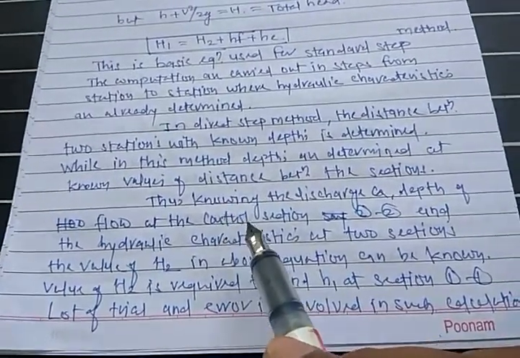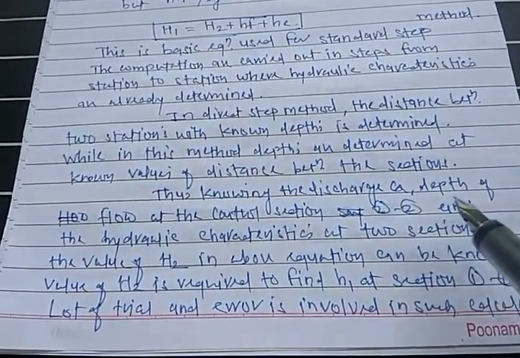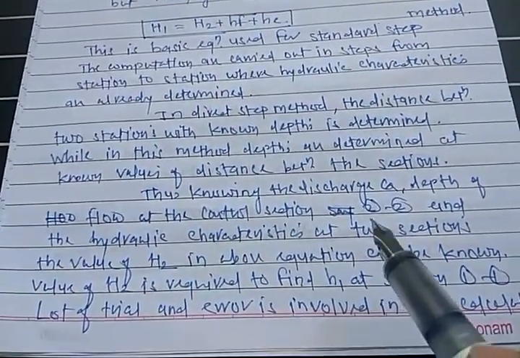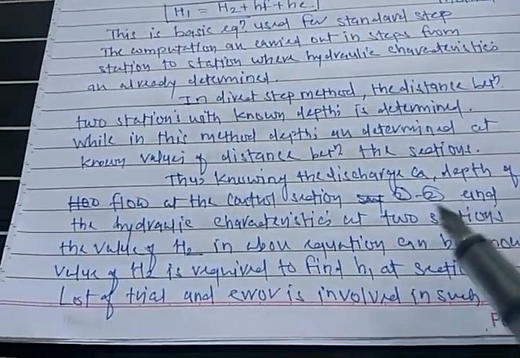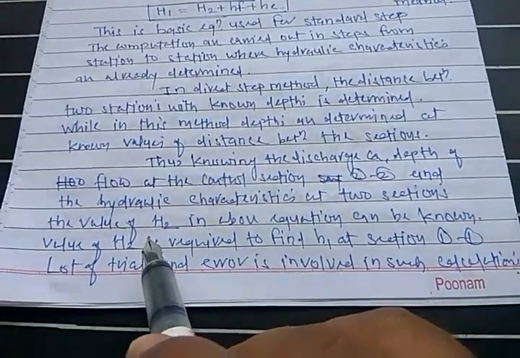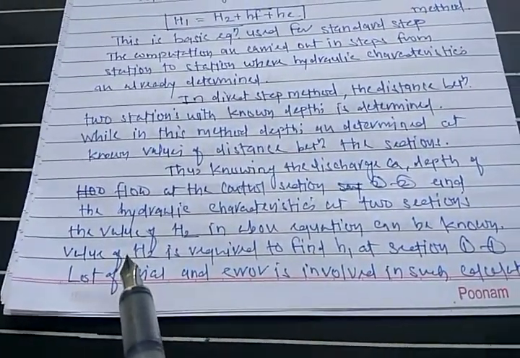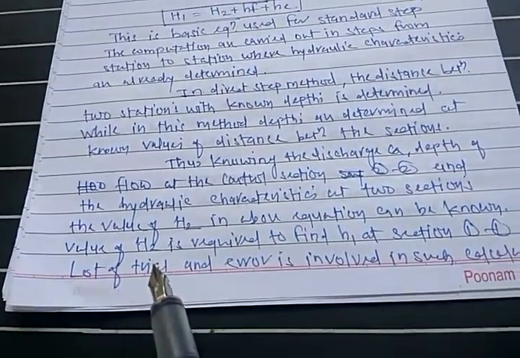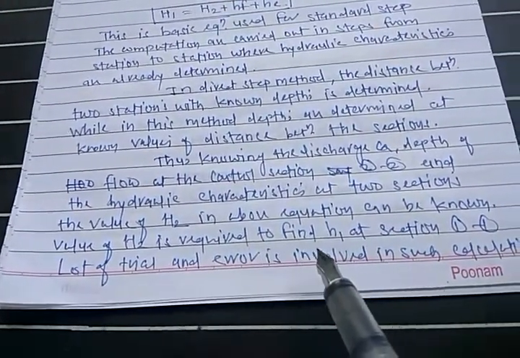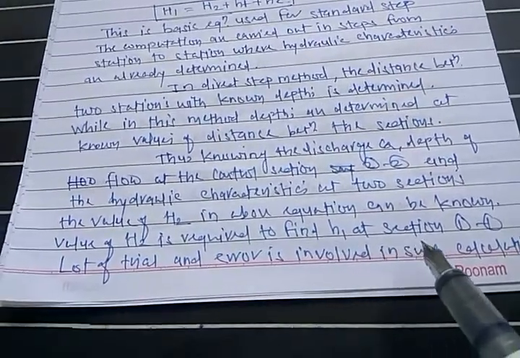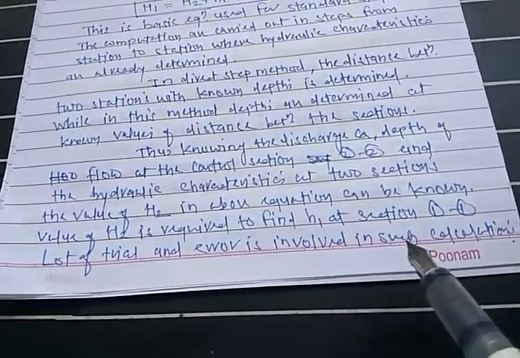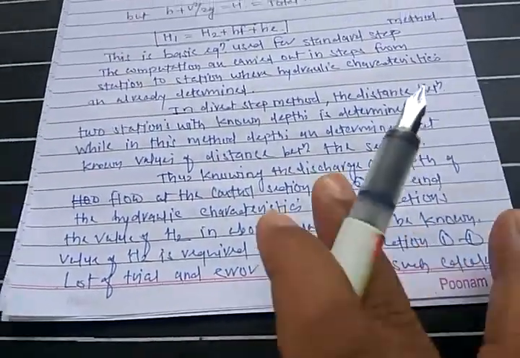Next, thus knowing the discharge Q and the depth of flow at control section 2, and the hydraulic characteristics at the two sections, the value of H2 in the above equation can be known. The value of H2 is required to find H1 at section 1. A lot of trial and error is involved in such calculations.